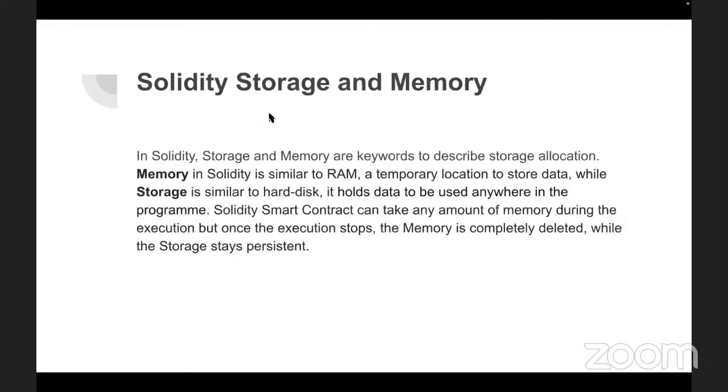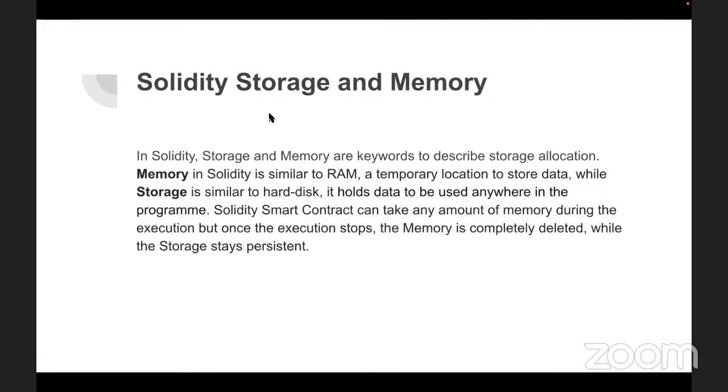So, Solidity, storage, and memory. In Solidity, storage and memory are keywords to describe storage allocation. Memory in Solidity is similar to RAM, a temporary location to store data, while storage is similar to a hard disk. It holds data to be used anywhere in the program.